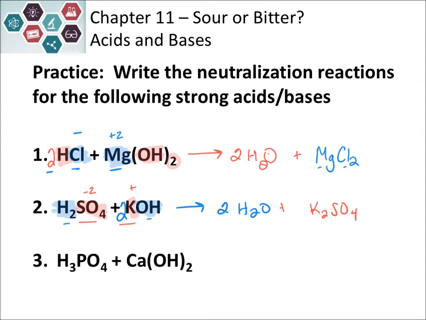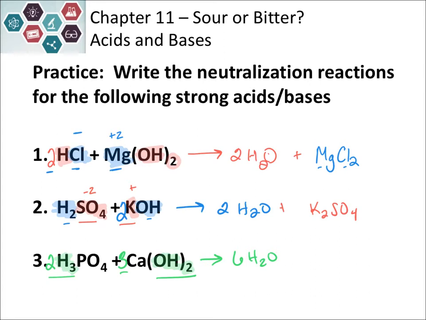All right, if we take a look at number 3, we have 3 hydrogen ions and 2 hydroxide ions. So this 3 and 2 ratio we've seen before, we need to cross multiply. So we're going to have 2 of the acid molecules and 3 of the bases. So that gives me 6 hydrogens and 6 hydroxides, which means we're going to make 6 water molecules.